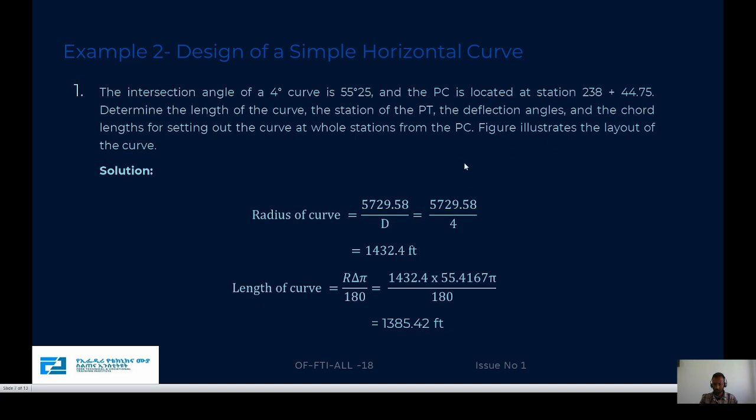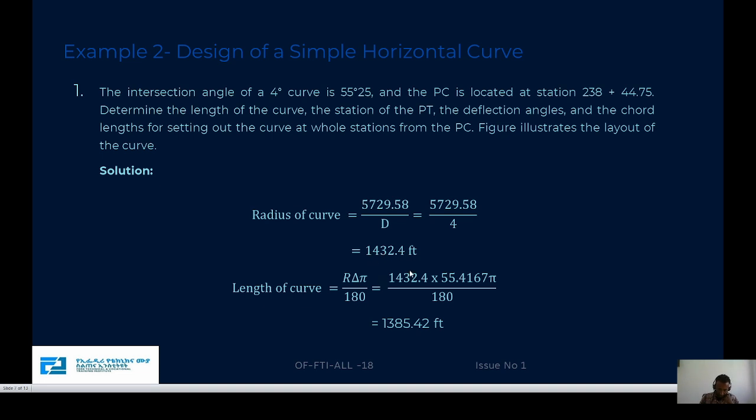We can calculate the radius of the curve as in the previous example: 5729.58 divided by the degree of curve. So the radius will be 1432.4 feet, and the length of the curve is calculated as R times delta times pi, 3.14, divided by 180.